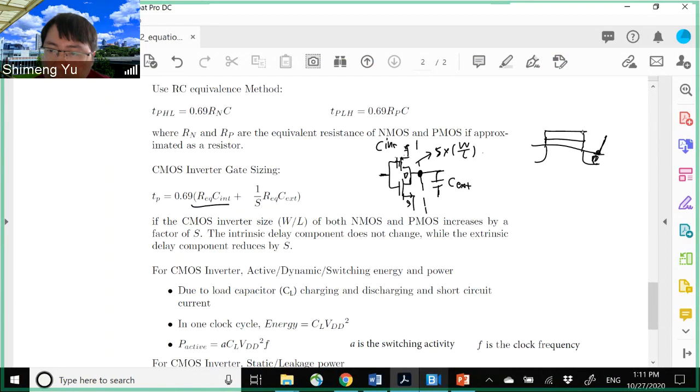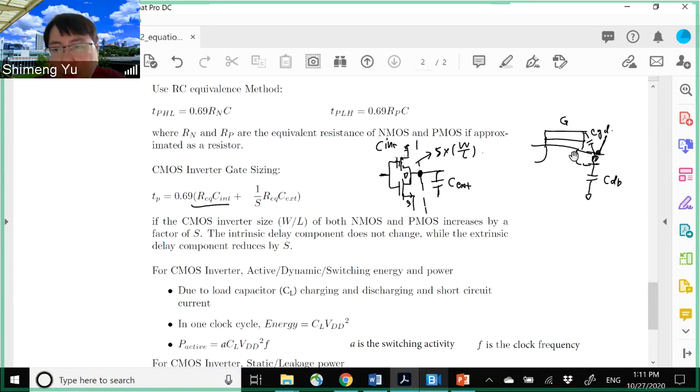We have the drain to body capacitance Cdb, and then we have the CGD, that is the overlap capacitance here. So you have a lot of capacitance that attaches to this drain node.